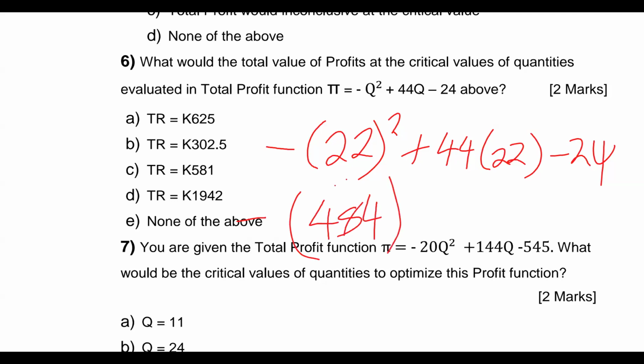Then plus 44 times 22, which is 968, minus 24.